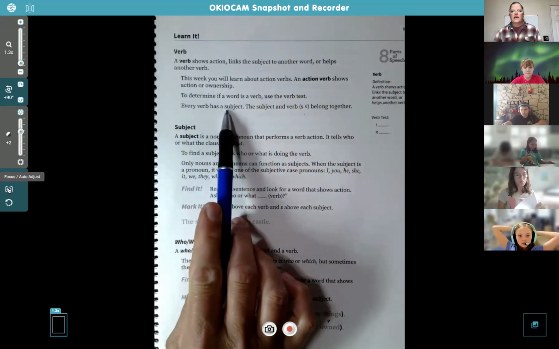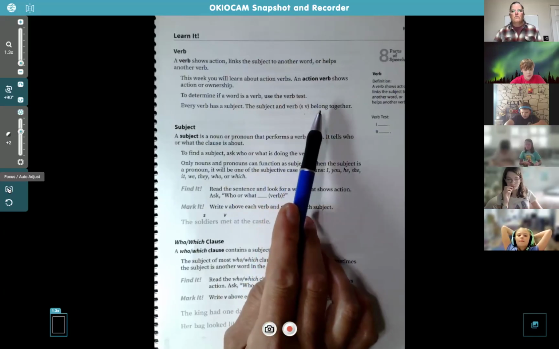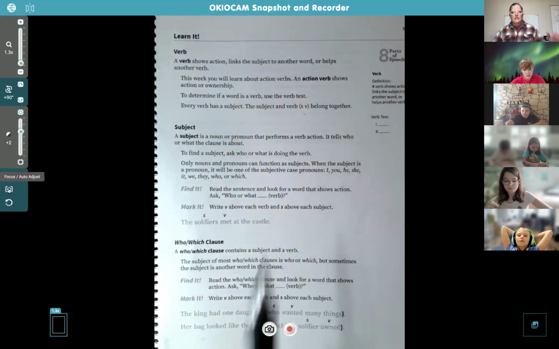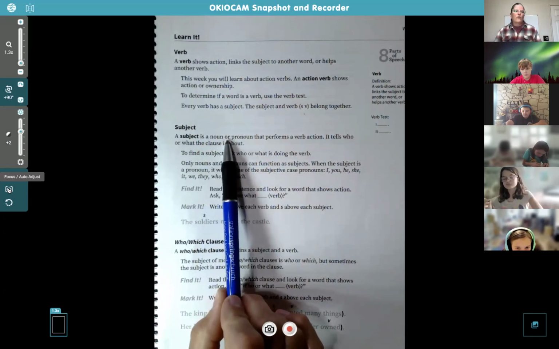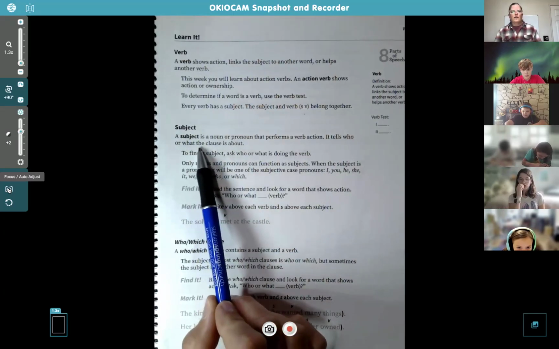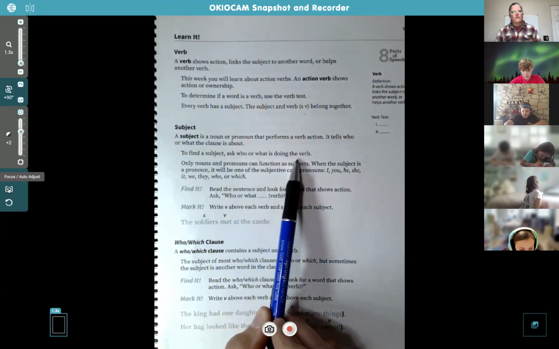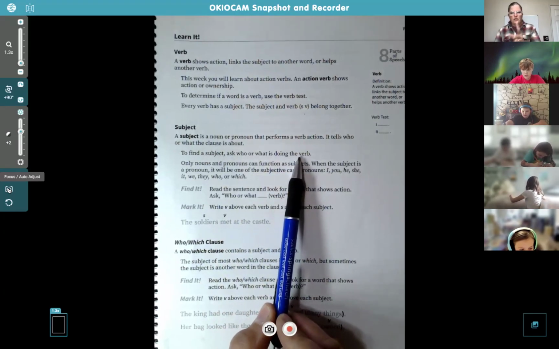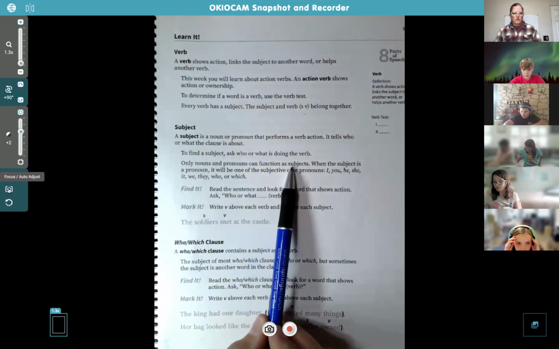Every verb has a subject. The subject and the verb, SV, belong together. So that means it's telling who's doing the thing, right? The subject is the noun or pronoun that performs the verb action. It tells who or what the clause is about. To find a subject, ask who or what is doing the verb. So you find the verb first, and then you ask yourself, who is doing that or what is doing that? Only nouns and pronouns can function as subjects.